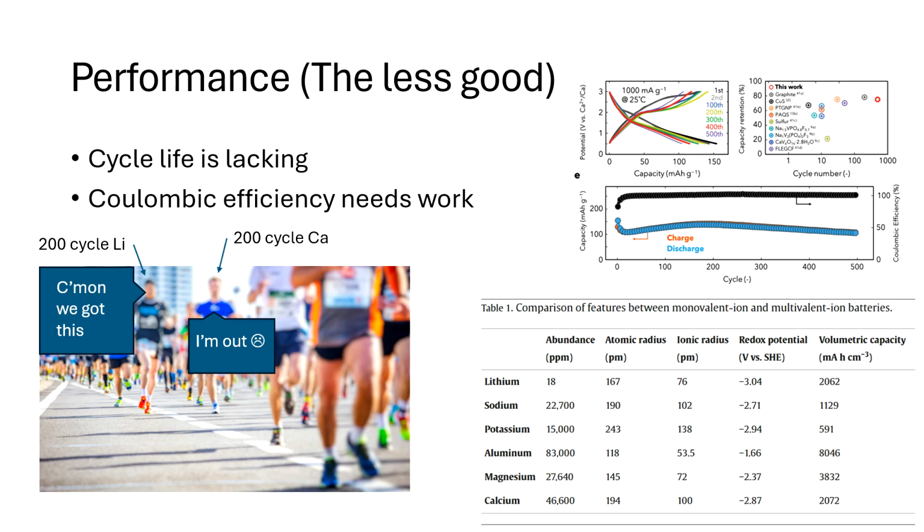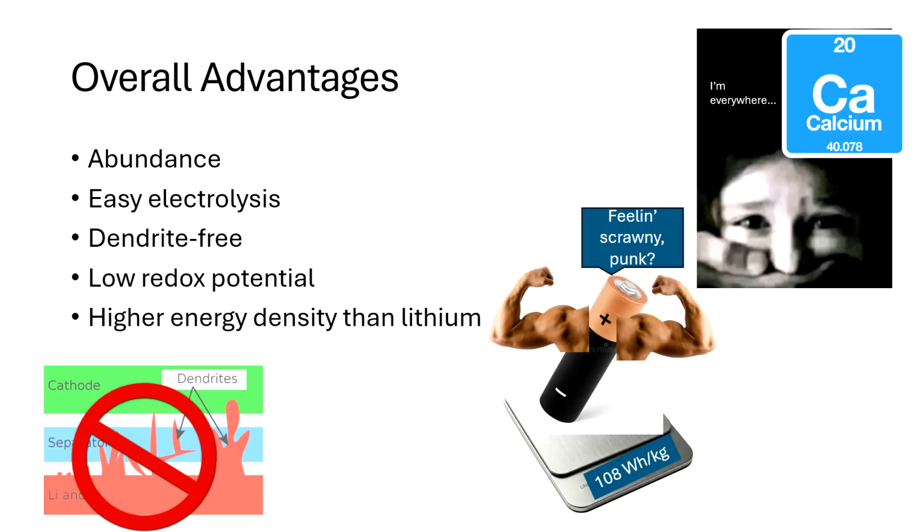Lithium does not really have this issue, thus increasing its cycle life and retaining coulombic efficiency. So what does calcium have over everything else? Well, first of all, calcium is extremely abundant.